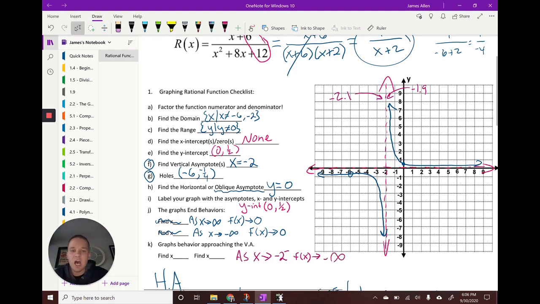And that can actually help us graph these when we've got a bit more going on and we don't necessarily have that y-intercept, or we're not sure if it's coming up over here. We can use these numbers close to the asymptotes to help us shape the graph. And then as x approaches -2 from the right-hand side, f of x is going to approach positive infinity. And there we go. There's our graphs as they approach the vertical asymptote.